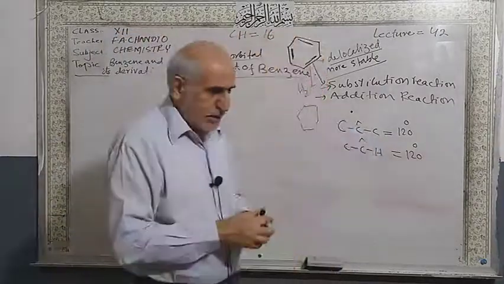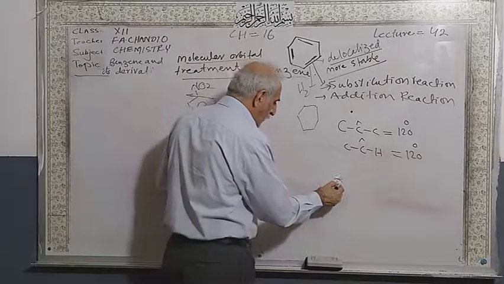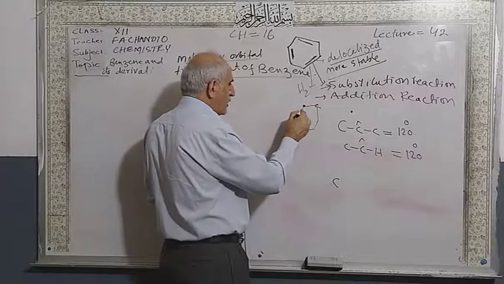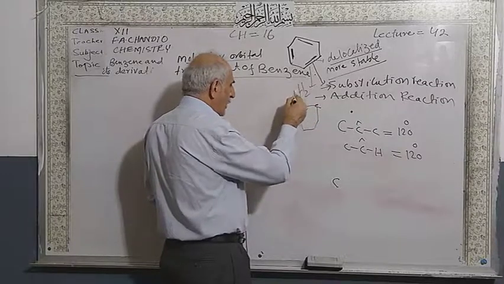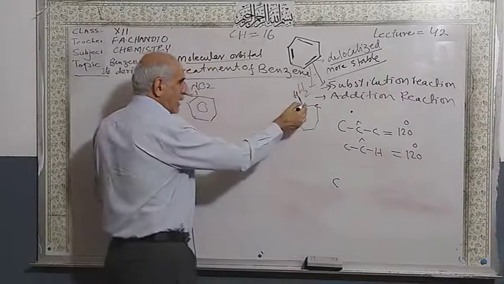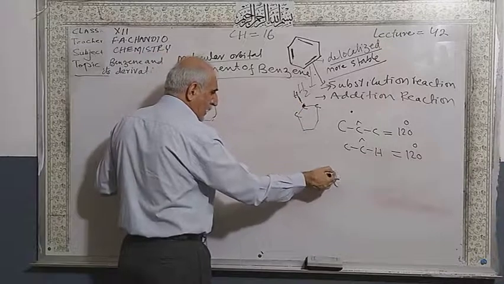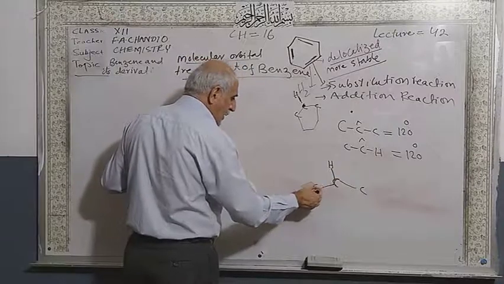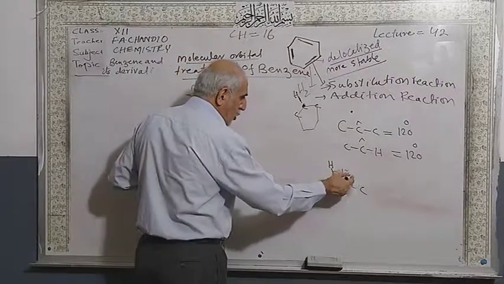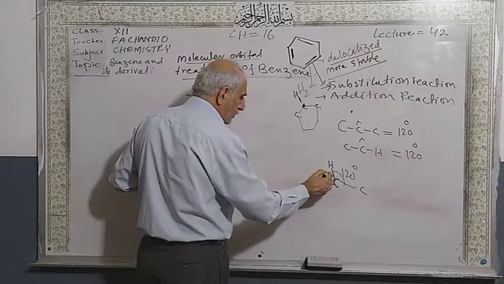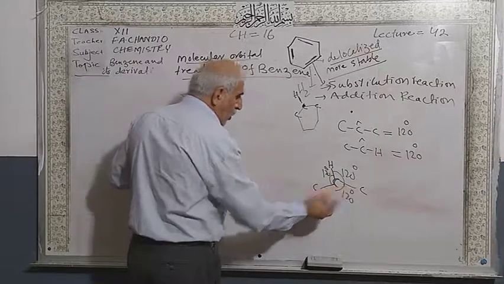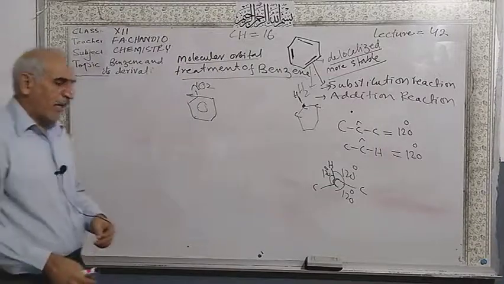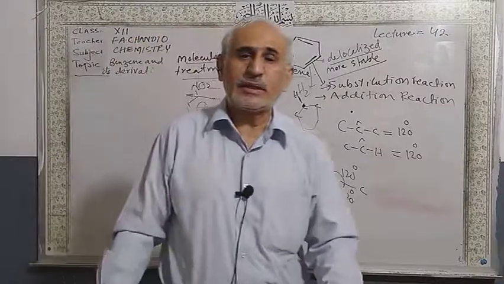So all these are the same. This is a carbon of benzene, and there is a sigma bond between the carbon and hydrogen, and there is a carbon here and a carbon here. So all these angles are 120 degrees, both the carbon-carbon angle and the carbon-hydrogen angle.